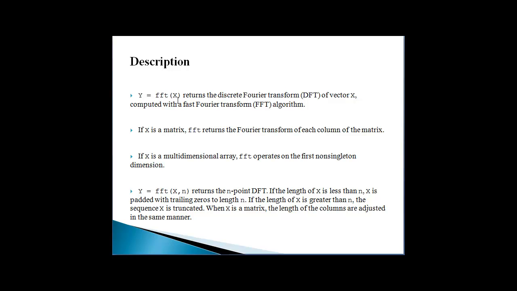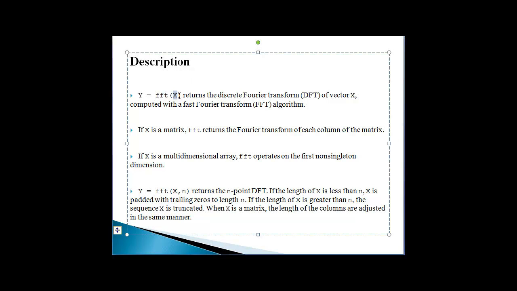The fast Fourier transform of x returns the discrete Fourier transform, DFT, of vector x computed with a fast Fourier transform algorithm. If x is a matrix, then FFT returns the Fourier transform of each column of the matrix. If it is a multidimensional array, then FFT operates on the first non-singleton dimension.